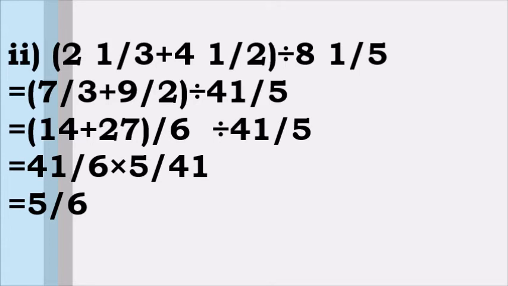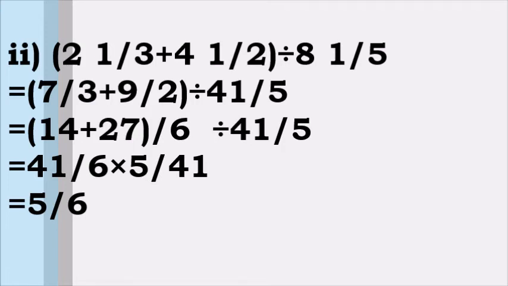So 2 whole number 1 over 3, you convert it and it will be 7 over 3. You change it to an improper fraction, which will give you 7 over 3 plus 4 whole number 1 over 2, changed to an improper fraction will give you 9 over 2, divided by 8 whole number 1 over 5 changed into an improper fraction, which will give you 41 over 5.